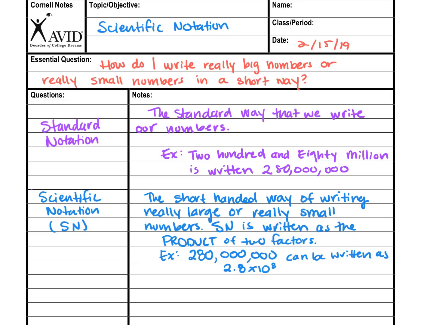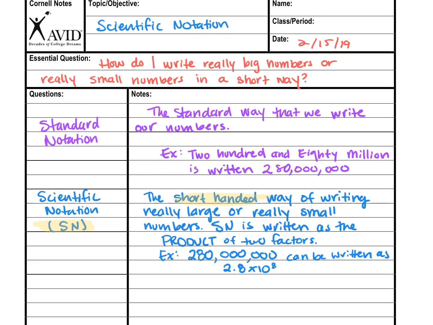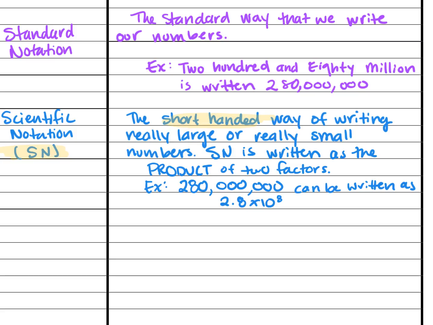But then in scientific notation, okay, I'm going to call it SN in our notes now because I'm not going to write out scientific notation every time. It's a shorthand way of writing a really large number or really small. So for example, if you have 280 million, we can write that as 2.8 times 10 to the 8th power.